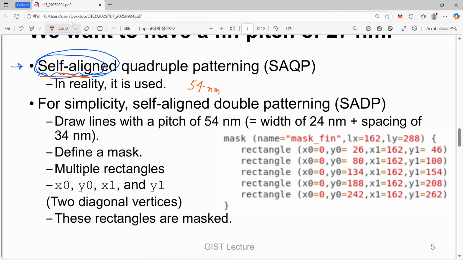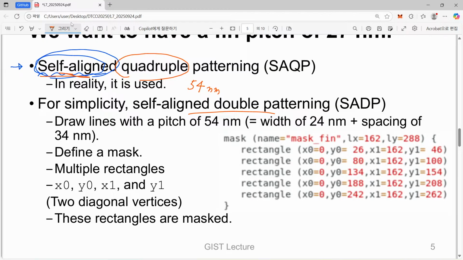Although in reality we are using SAQP, self-aligned quadruple patterning, today I will show you just self-aligned double patterning. Then the question is, can we really make a fine feature of 27 nanometer using SADP, self-aligned double patterning?